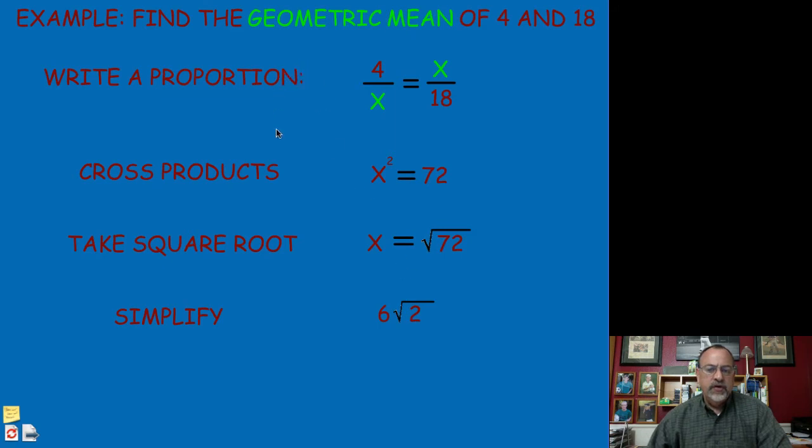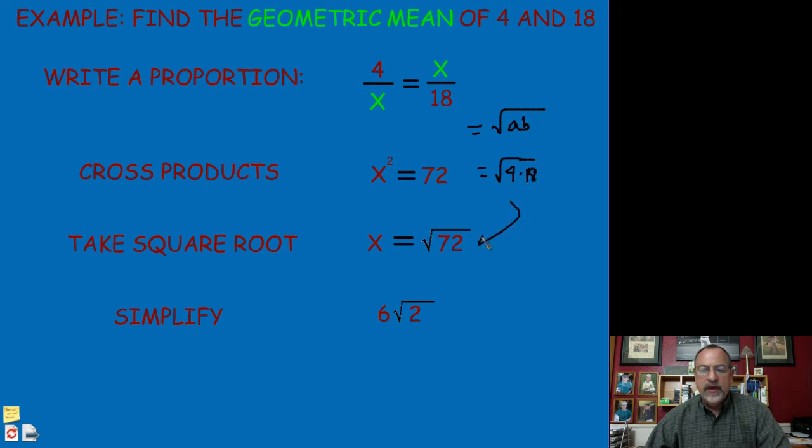Okay? Now, you can shorten this process, writing out the proportion and then actually doing the product of the extremes and product of the means, by remembering that the geometric mean is equal to the square root of the two numbers multiplied together. So that's simply the square root of 4 times 18.